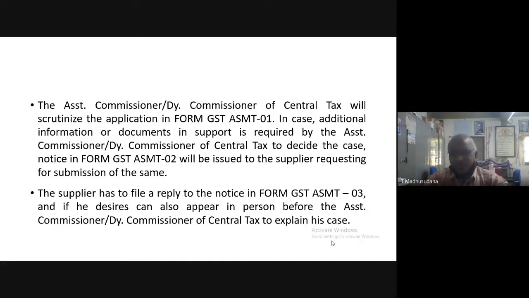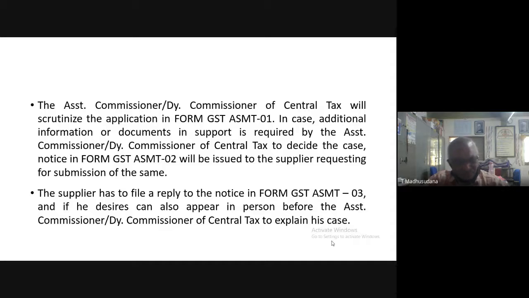Okay, so the customer or the supplier, after receiving notice from the assistant or deputy commissioner in form GST assessment 02, files a reply. He will give the reply in form GST assessment 03, and whatever information they called for from the supplier, he will submit.